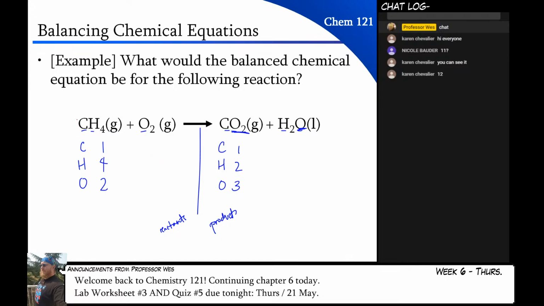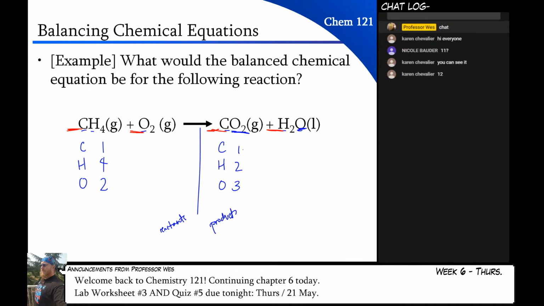So what I have to do is I have to add a coefficient to each of these. So I'm going to put a blank in front of each of these substances. And we're going to fill in the blanks. We're going to put numbers somewhere. When you do this sort of operation, it is a good idea to consider what you need to change and where you should put those numbers to do that. For example, I don't need to change carbon.